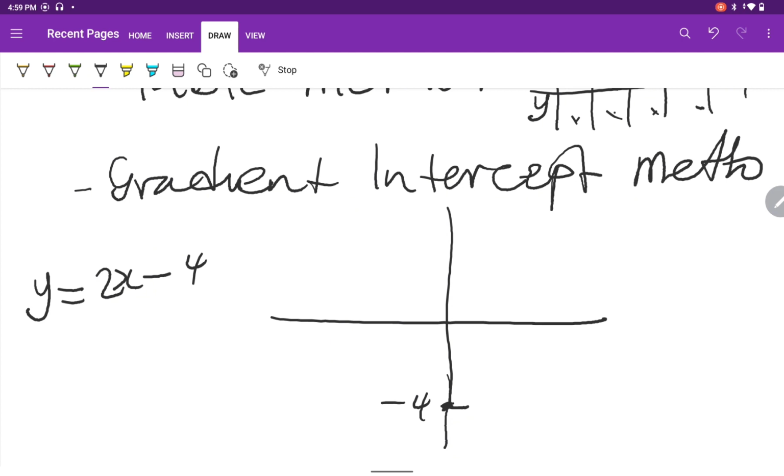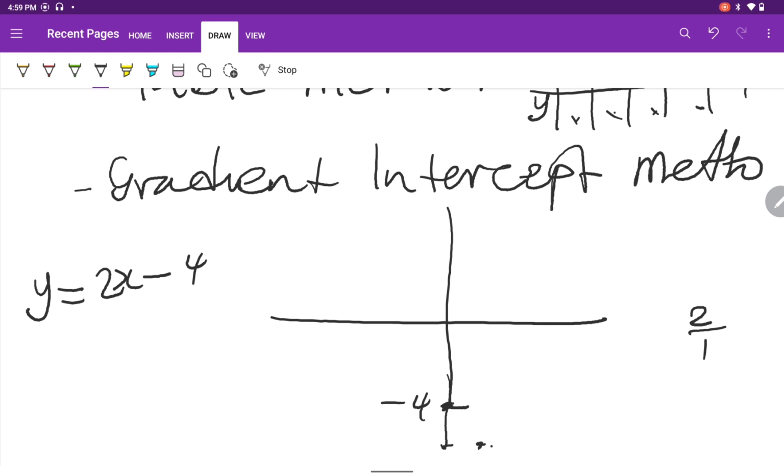The gradient is 2, so we count 2 units, 1, 2. One unit is 2 over 1. If it's 2, it means it's 2 over 1. So for 1 unit, it is 2 up.